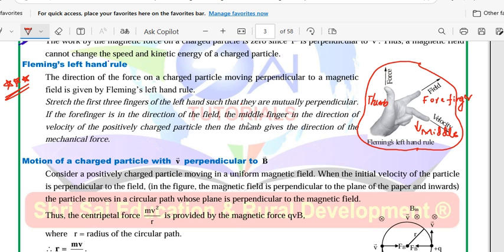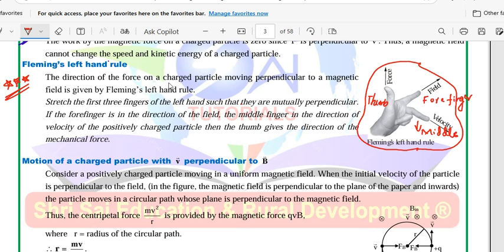If you hold your left hand like this, the three fingers are perpendicular to each other, is it or not? The direction of the thumb will show the force, the direction of the forefinger will show the field, and the direction of the middle finger will show the velocity.